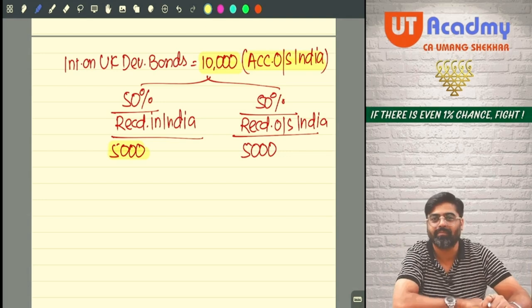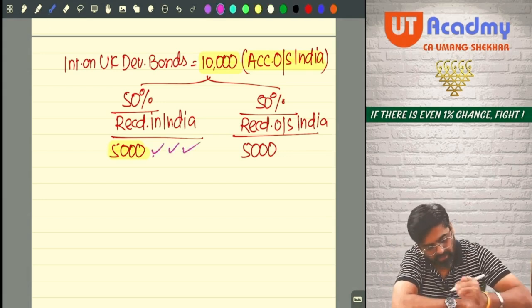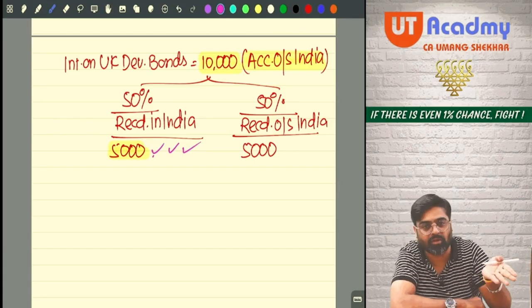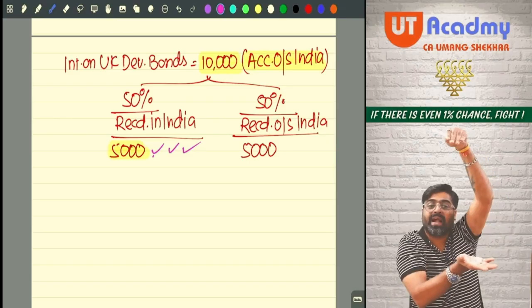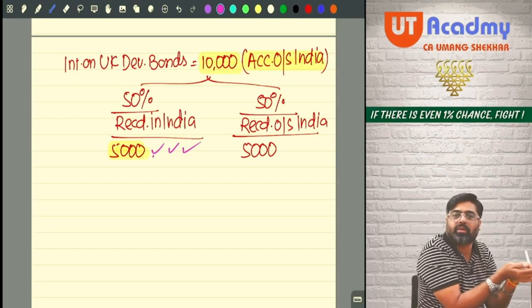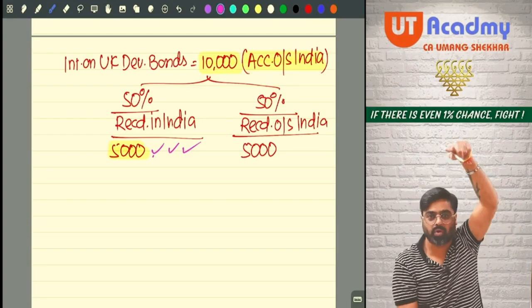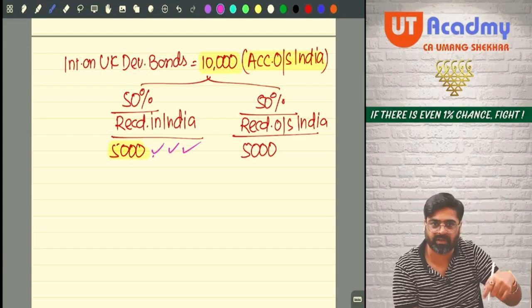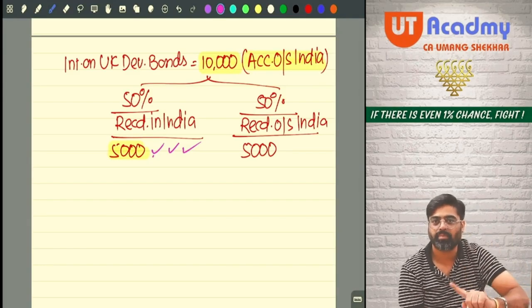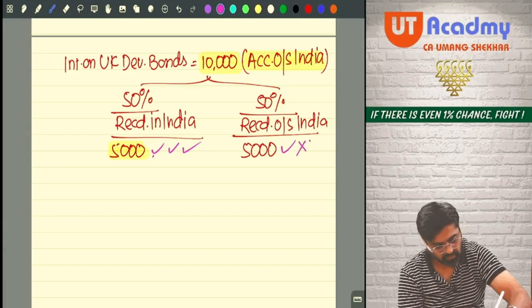Indian income. Tick, tick, tick. Now the balance 5,000 which you are receiving is out of that income which was accrued outside India, and you are receiving it outside India only. So this 5,000, accrued outside India and also received outside India, is it your Indian income or a foreign income? Foreign income. Part A or part B? Part B. Tick, cross, cross.